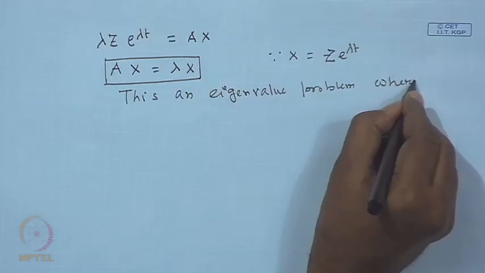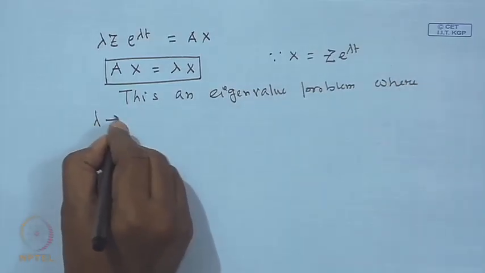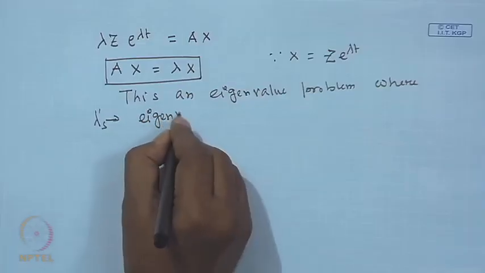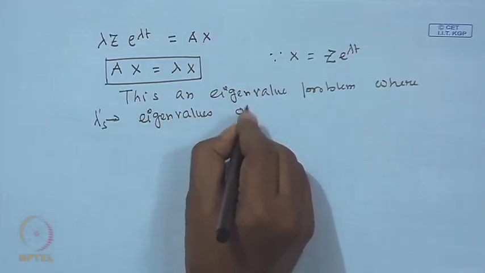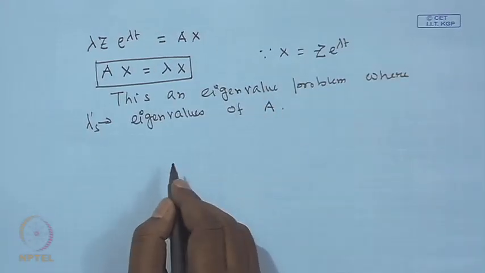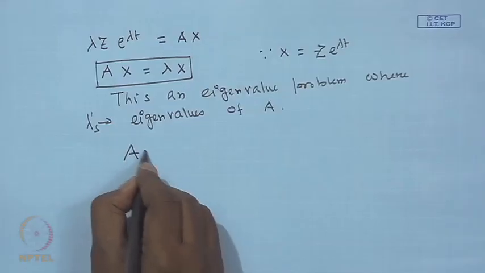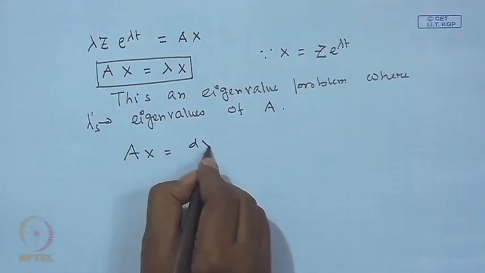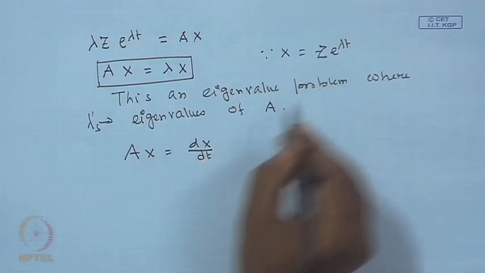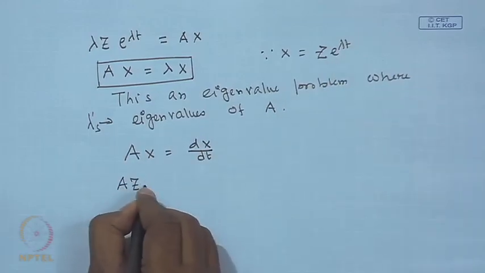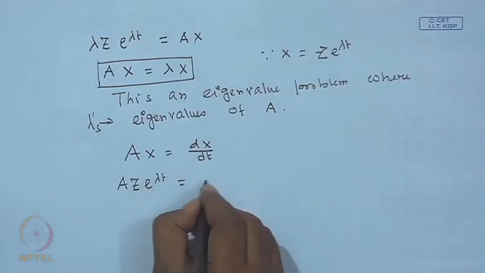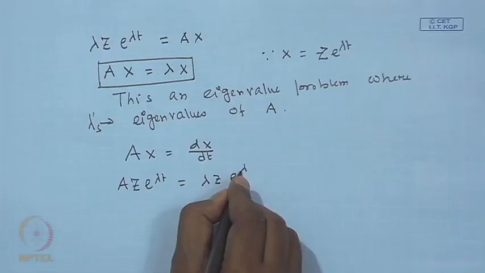where lambdas are nothing but eigenvalues of matrix A. Again we write A x is equal to dx/dt. x we write as z e to the power lambda t, so it becomes A z e to the power lambda t, and dx/dt we write as lambda z e to the power lambda t.